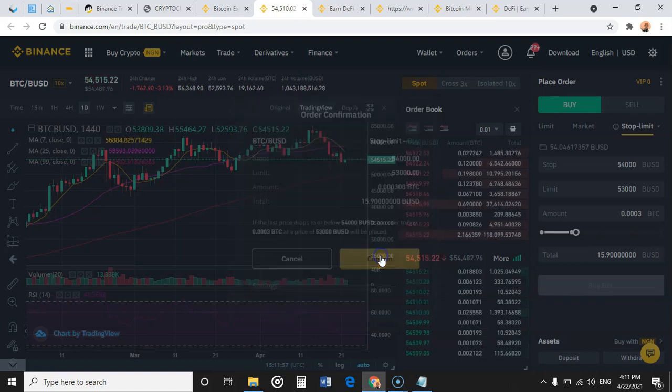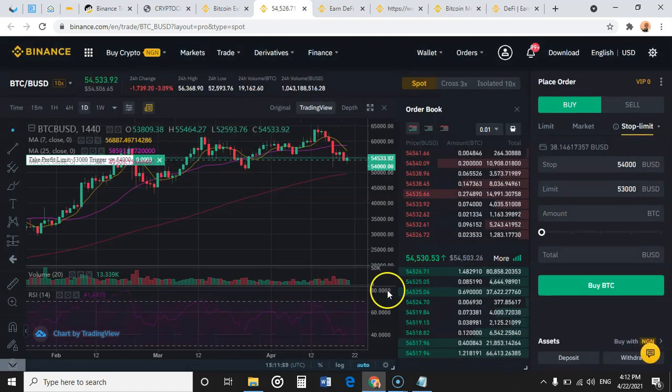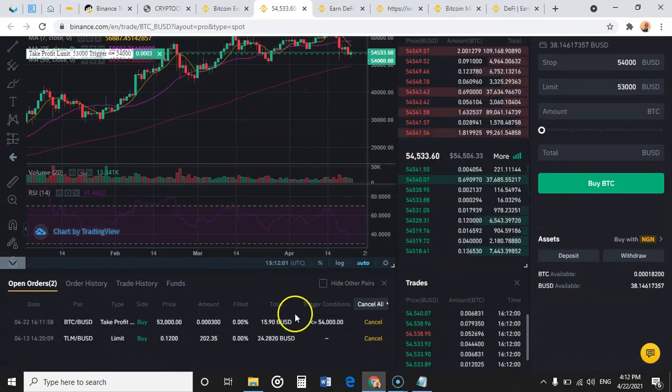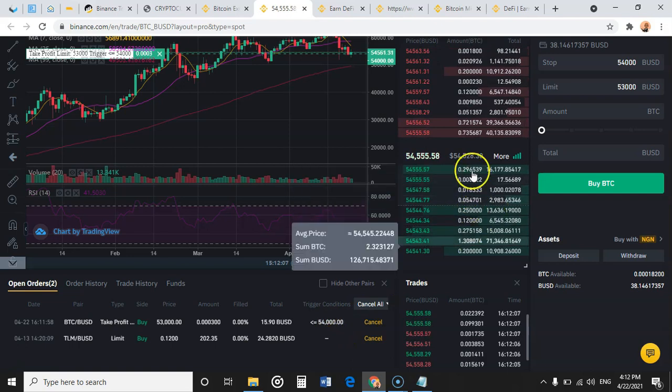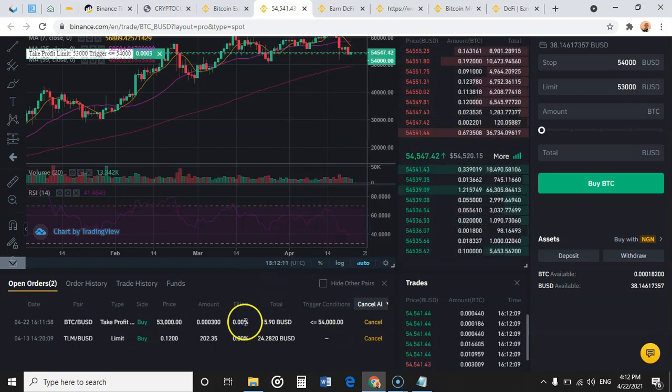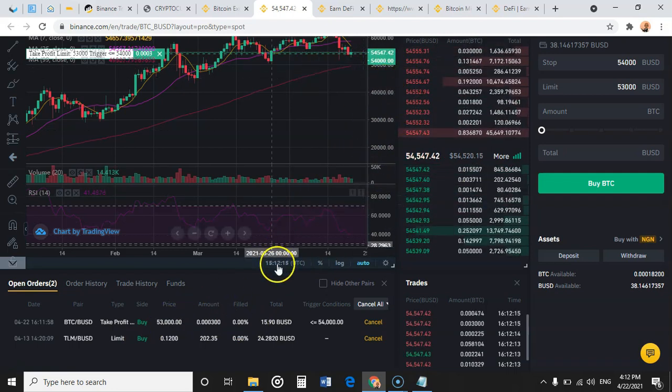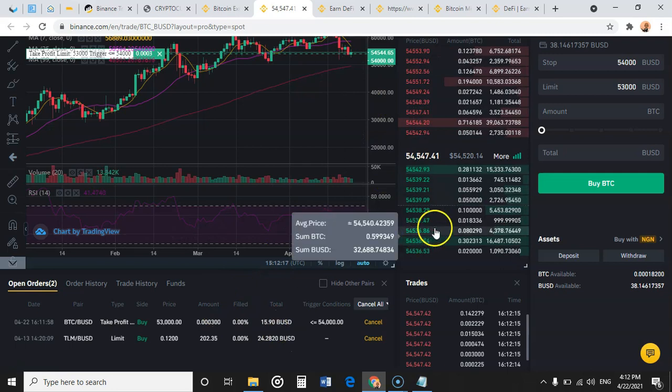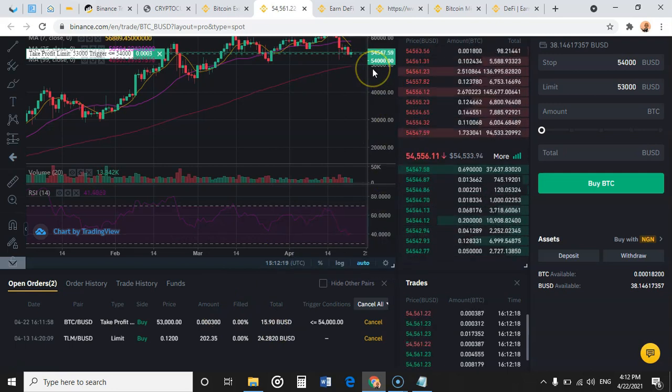If I click on confirm, next you're going to see here a condition, a trigger condition. This order is not in any order book yet. But the moment the Bitcoin price crashes to $54,000, automatically the order is placed to buy for me at $53,000. That is a condition.